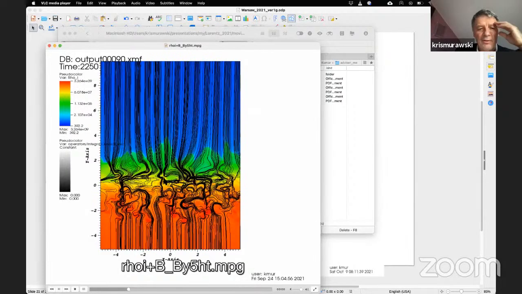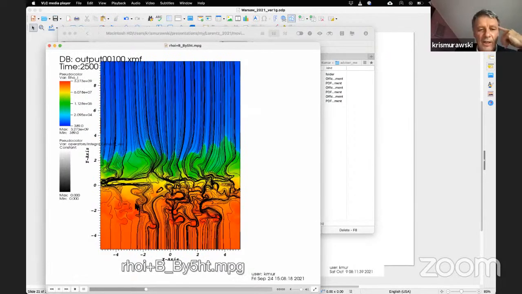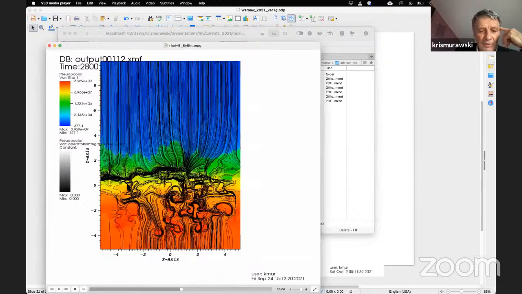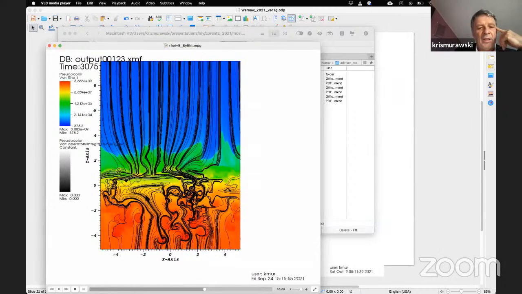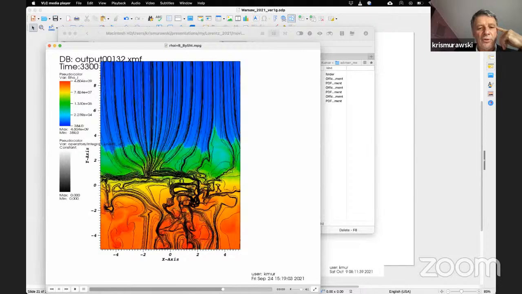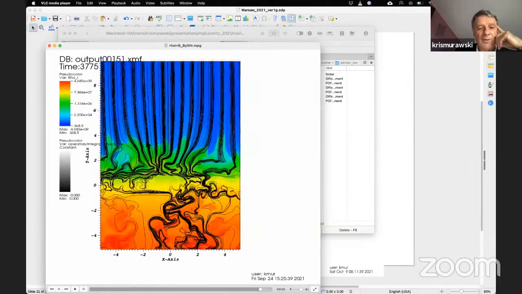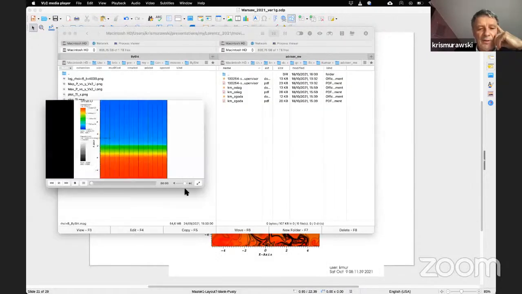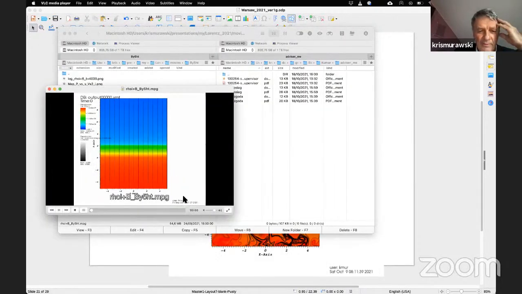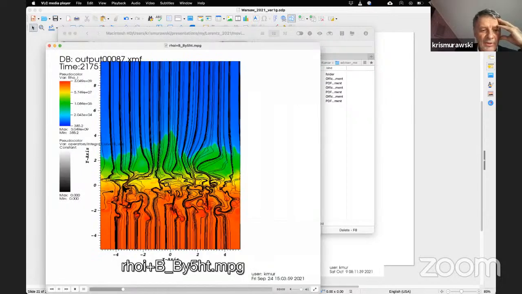So they are really very fast, perhaps a little bit overlaid by magnetic field lines, but we see some dense plasma being propagated downwards. Okay, so that was our project. It is still our project.